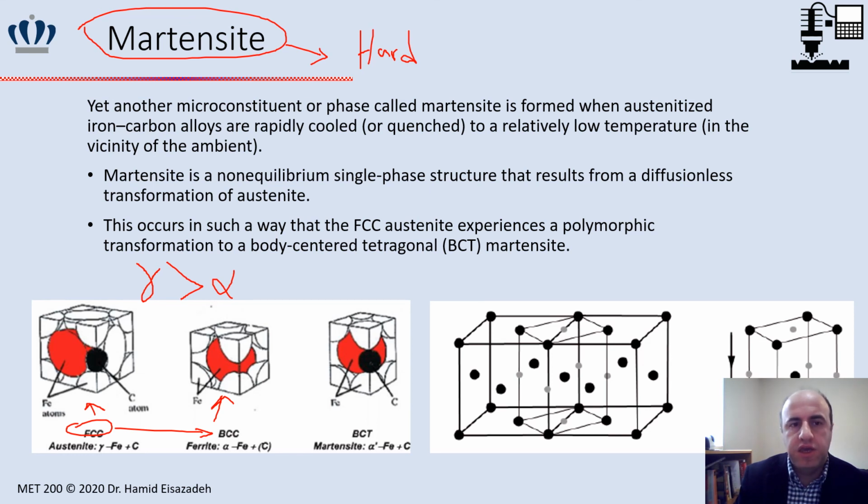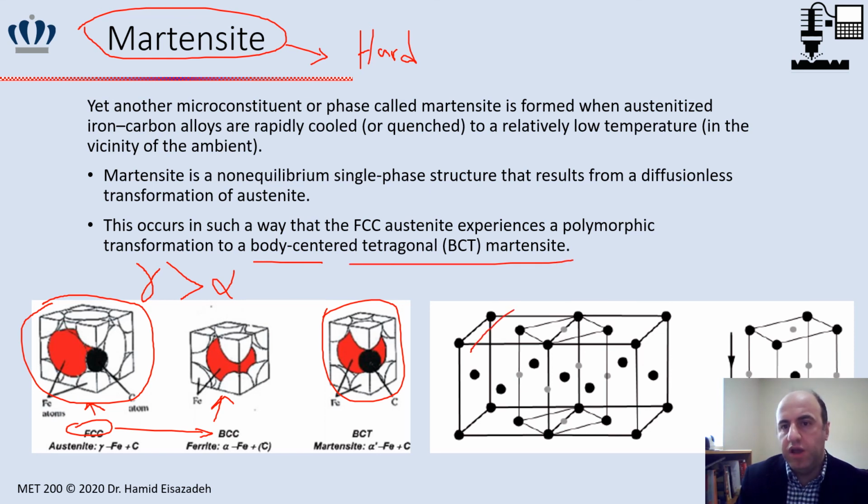If you cool it down very rapidly, or another way to say, you quench the material, you don't provide time for carbon to diffuse out, and the carbon is going to be trapped in that unit cell. When it is trapped, it stretches that unit cell, and as you see, it's not a cube anymore. It's called tetragonal, BCT, body-centered tetragonal martensite.